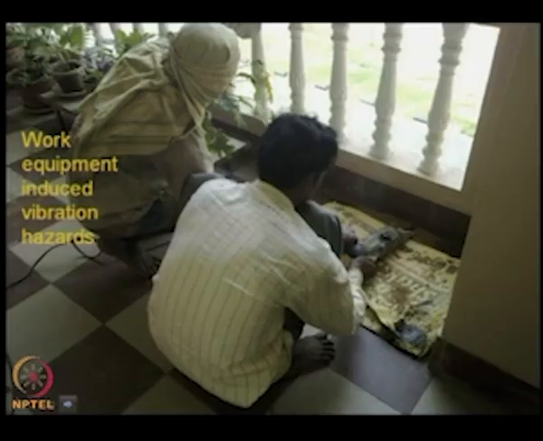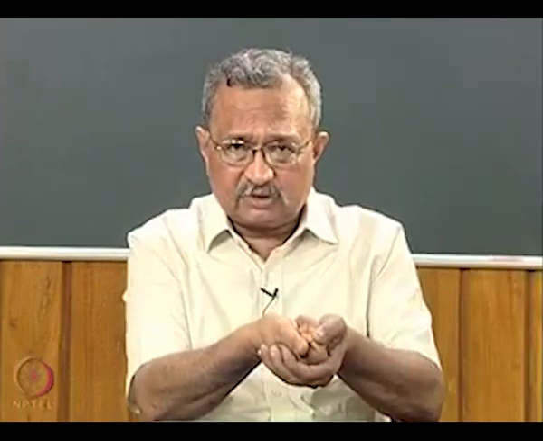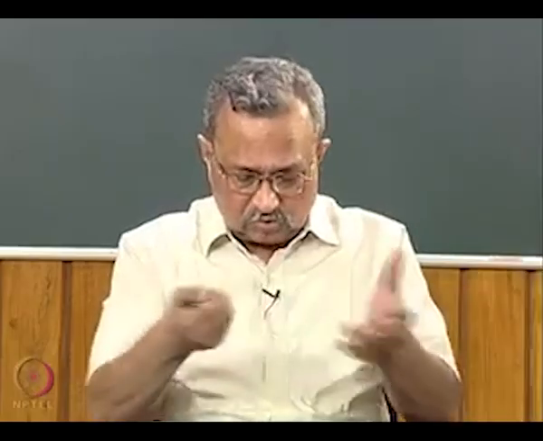Now, how does the hand tool create vibration? This is a work equipment induced vibration hazard. When a drill machine moves, it gives a vibration, and to maintain that position and operate with that vibration, effort is required. So, how can we design so that the vibration reduces?